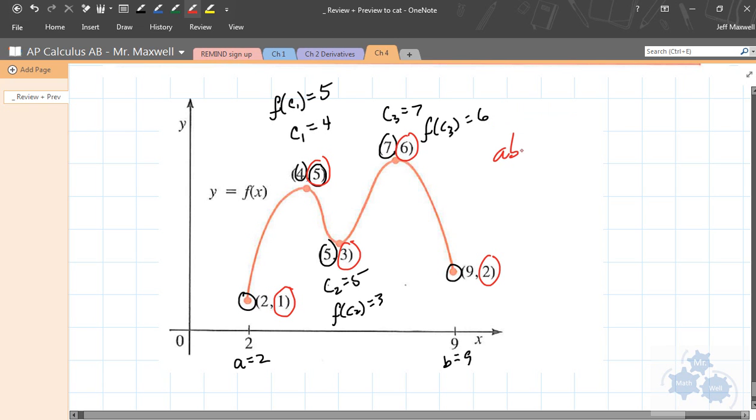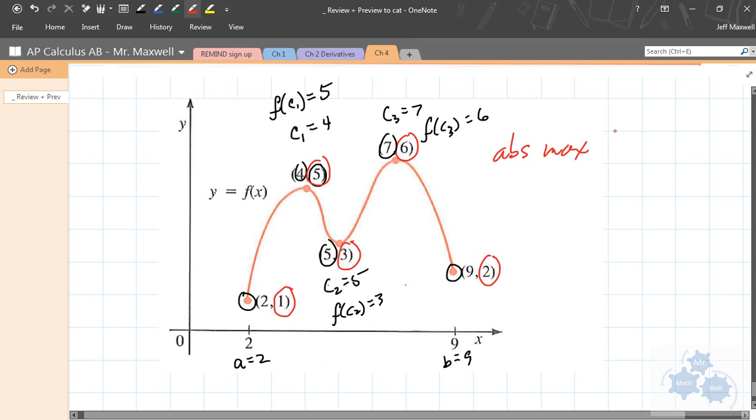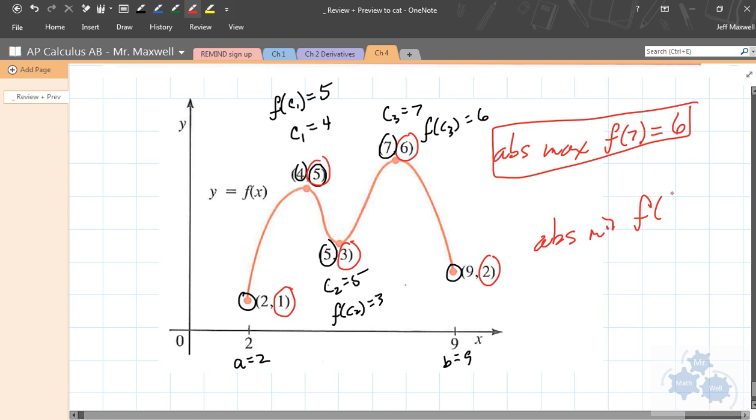So the absolute max is 6. But you should write it like this, and it's displayed in the book too. Absolute max is f of 7 equaling 6. And the absolute min is f of 2 equals 1.